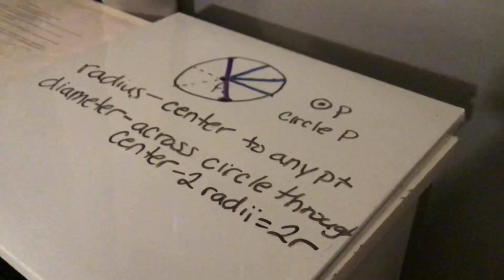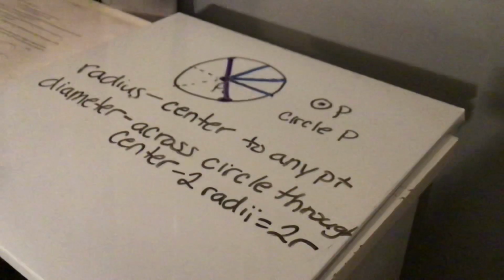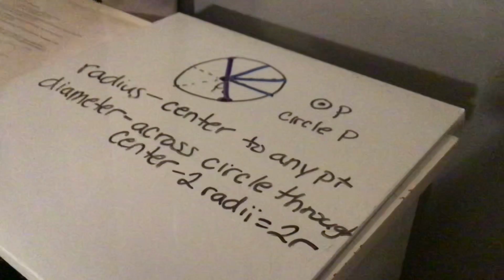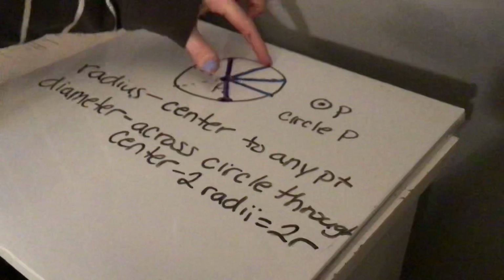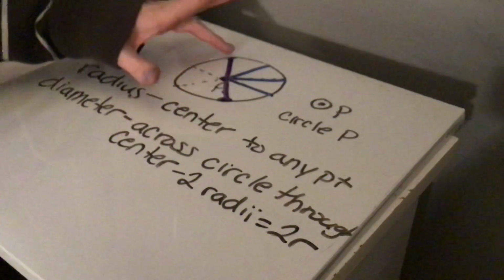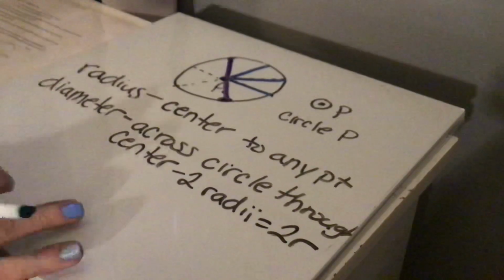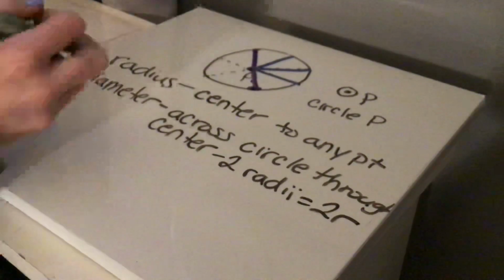So you can also measure a radius and a diameter, okay? They are measurable segments. So a radius, its endpoints are going to be on the circle and the center, and then a diameter, the endpoints are going to be both on the circle, okay? Then we can have a chord and a secant.